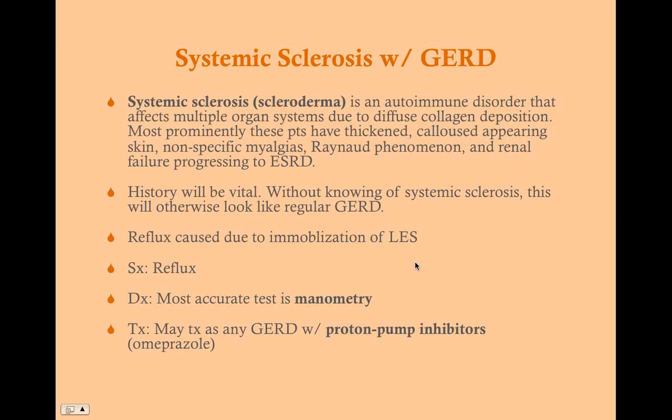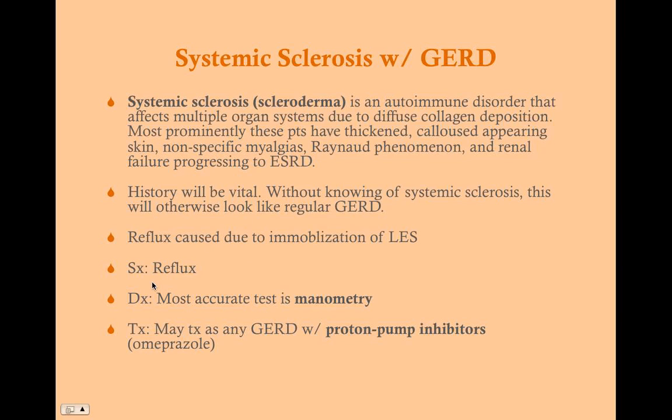Remember, achalasia is where you can't relax, meaning you've got a constricted lower esophageal sphincter. This is the opposite. It's too relaxed. And so what happens is the contents of the stomach are going to splash up into the esophagus. That's classic GERD. But the thing is, this GERD is different, because this GERD is caused by a deposition of collagen in the lower esophageal tissue.